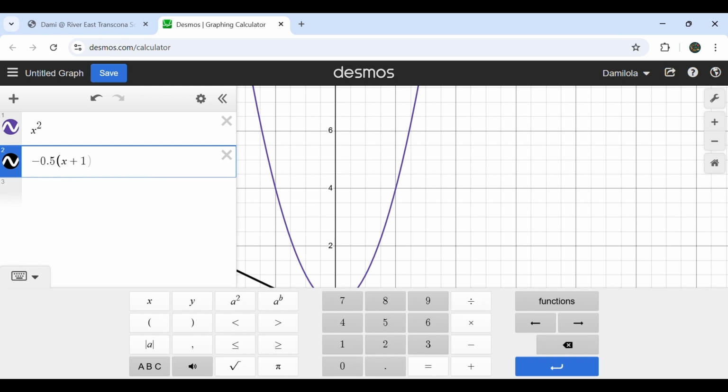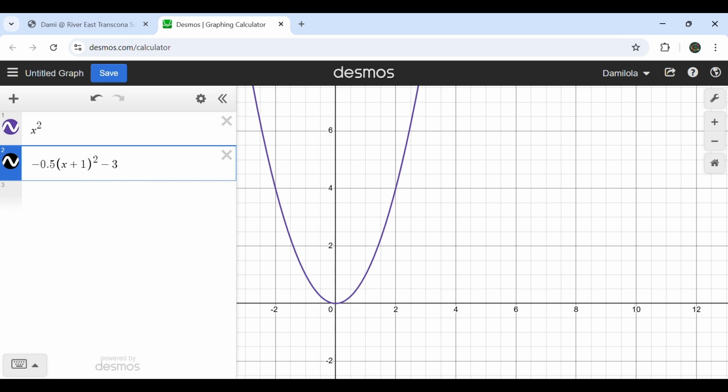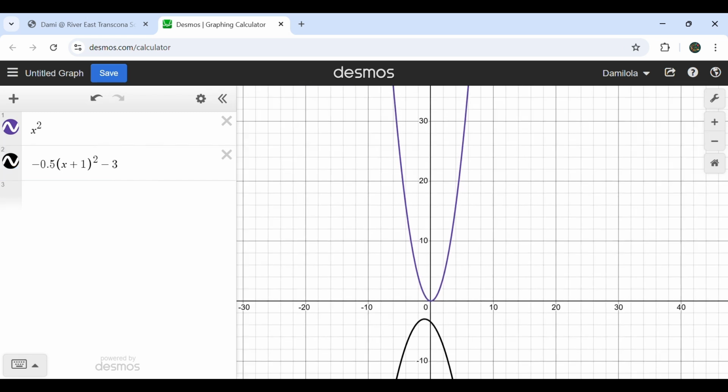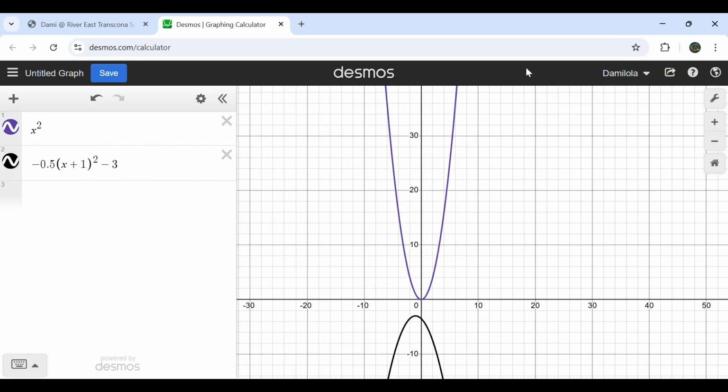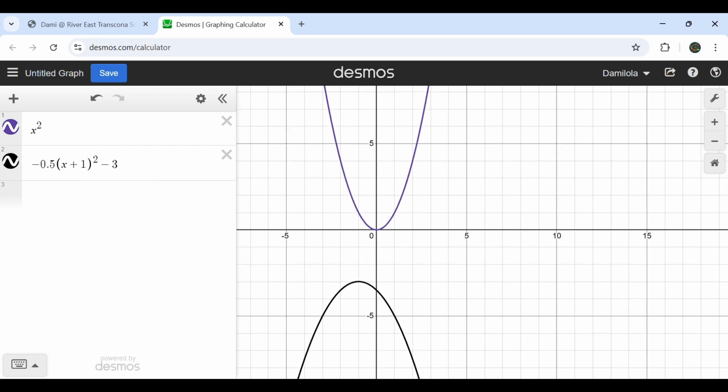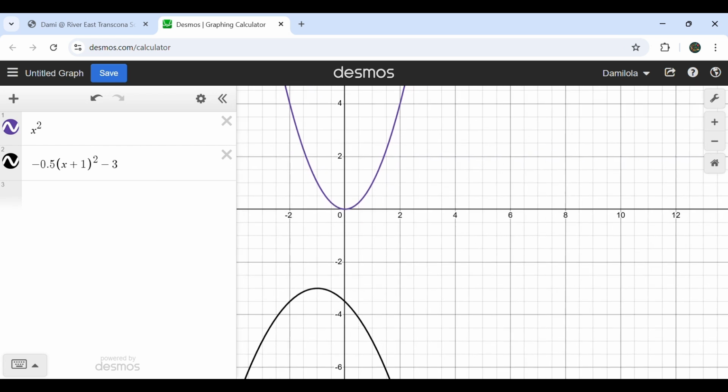Negative 0.5, no, not x squared, why did I do x squared? Negative 0.5 times (x plus 1) squared minus 3. Okay. As we can see, it reflected.